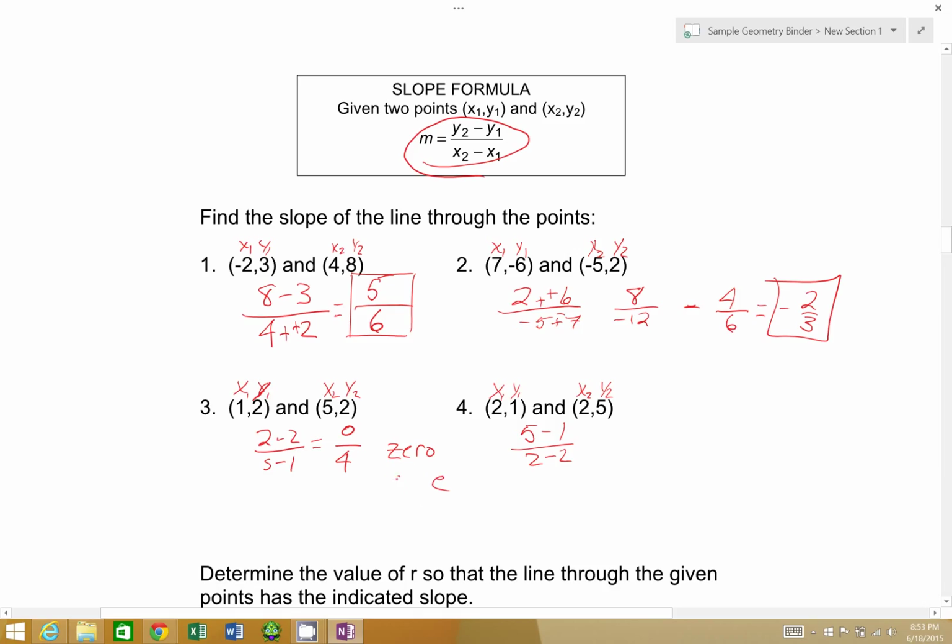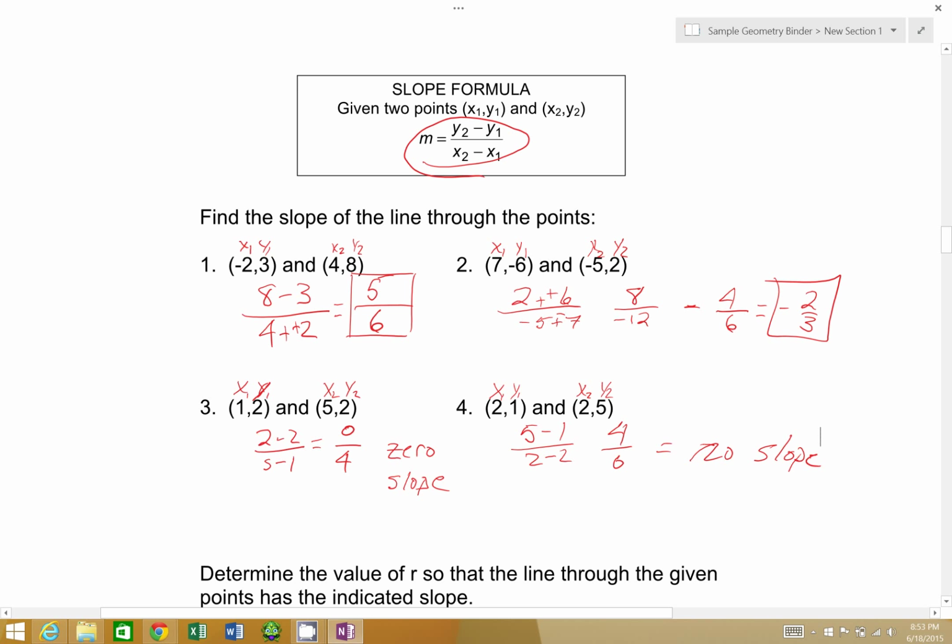I erased as I wrote. 0 slope. Over here, however, we get 4 over 0, which gives us the no slope. Okay? So once again, 0 in the numerator, okay, that's a 0 slope. 0 in the denominator, no slope. Once again, not a function.